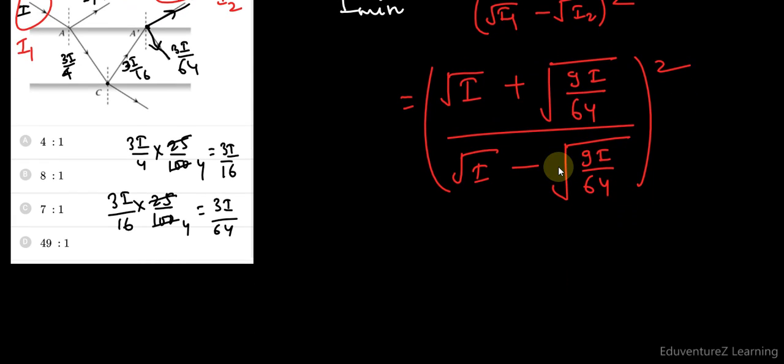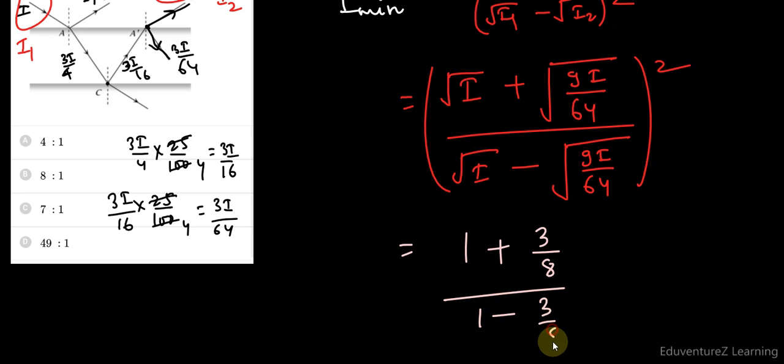So on taking I common we can cancel it and this becomes 1 plus 3 upon 8 whole square and 1 minus 3 upon 8 whole square. So it will be 8 plus 3, 11. Just wait a minute.